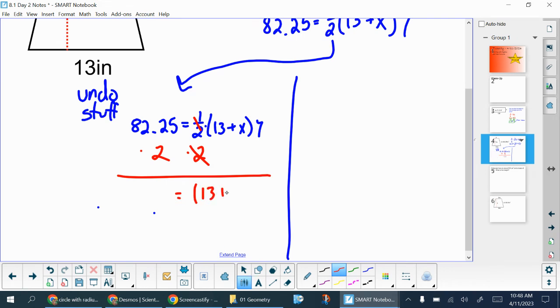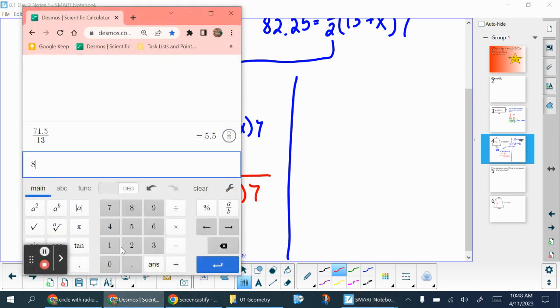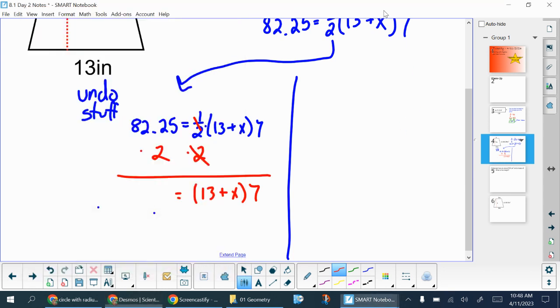On this side, I'll have the 13 plus x times 7. On the other side, I'm going to probably want a calculator for that. 82.25 times 2 is 164.5. For the next part, how do I get rid of that 7?